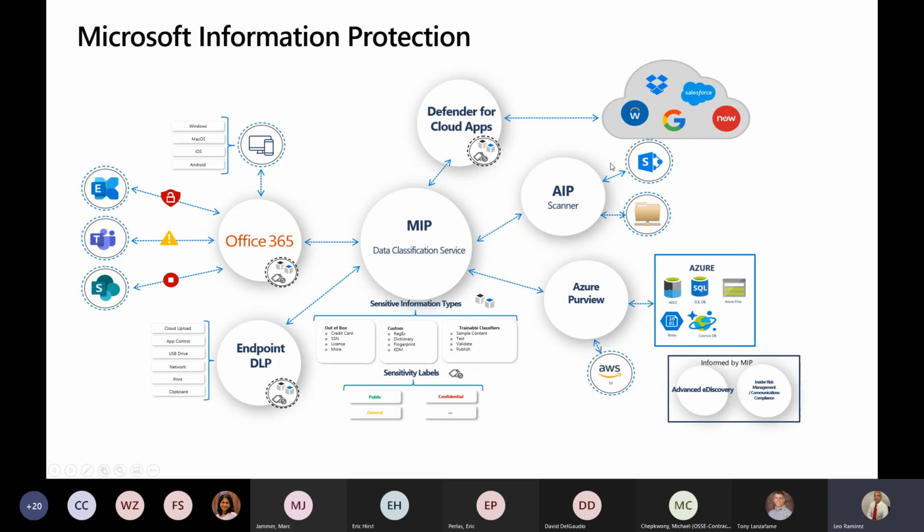The Azure Information Protection Scanner is a solution which can be used to identify, protect, and classify sensitive information on-premises, like file shares, or if you're using SharePoint on-prem. And then our Azure Purview solution that's new helps protect sensitive information in structured sources like databases or blob storage or Azure Files.